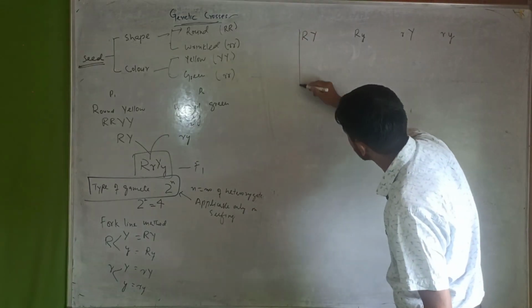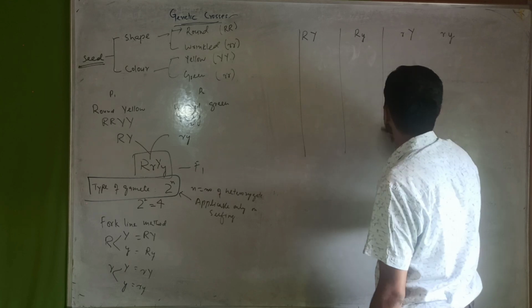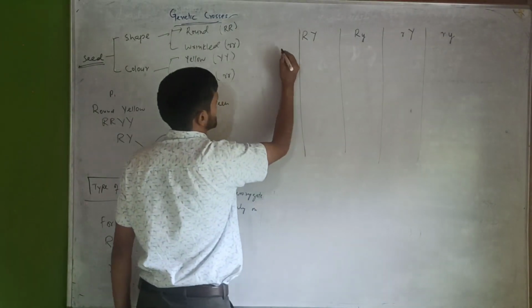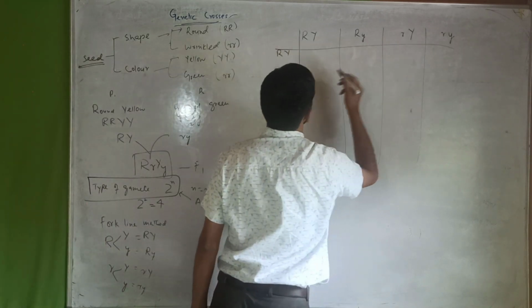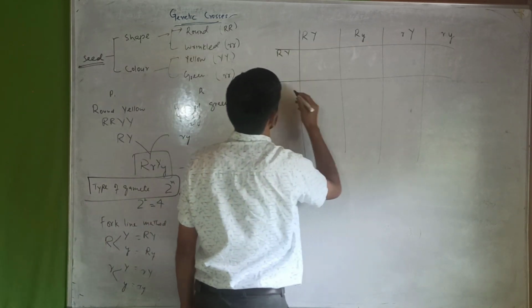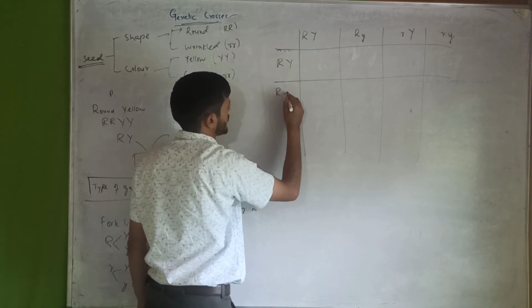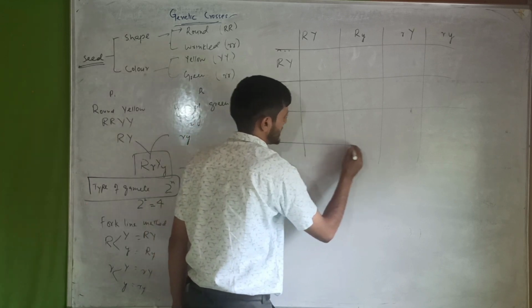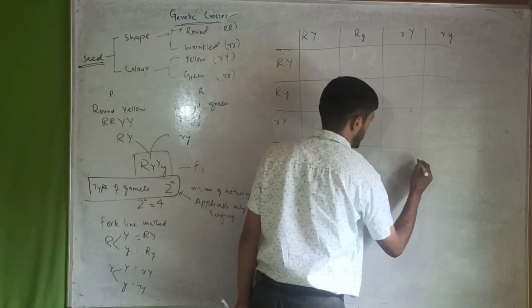These are the 4 different types of gametes which are produced.